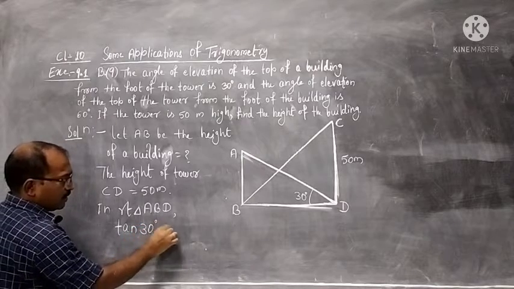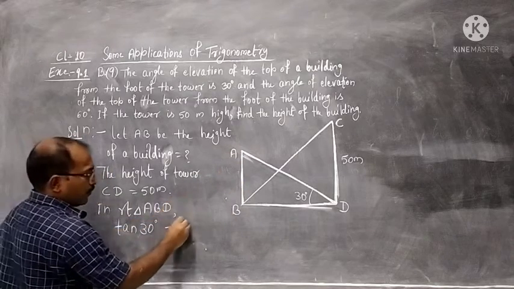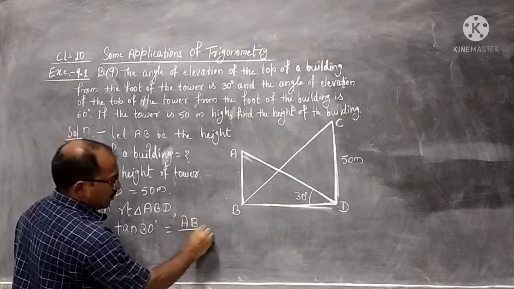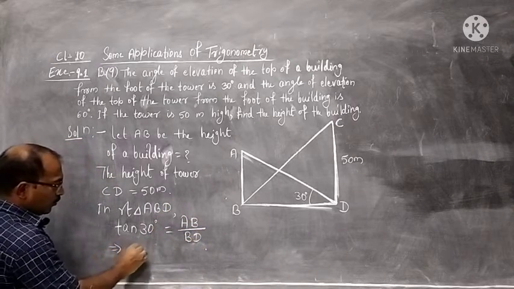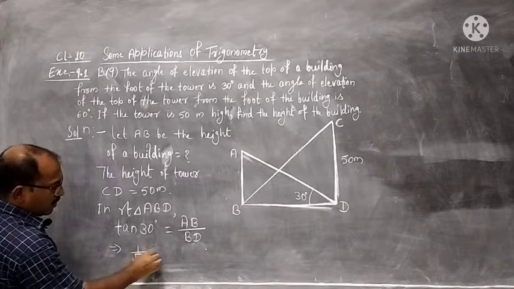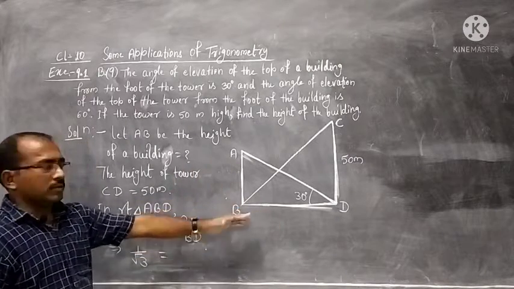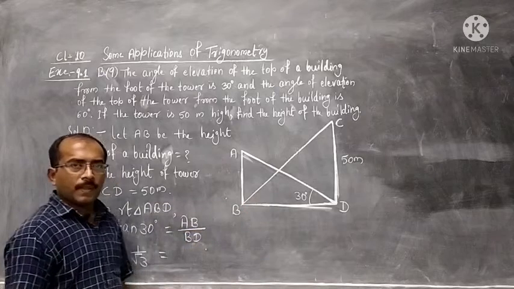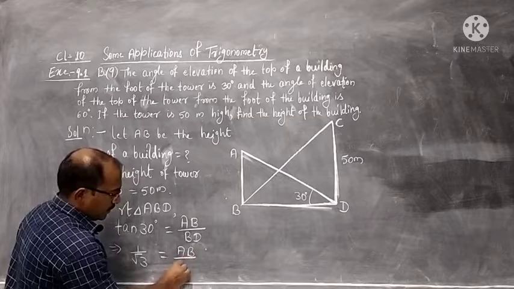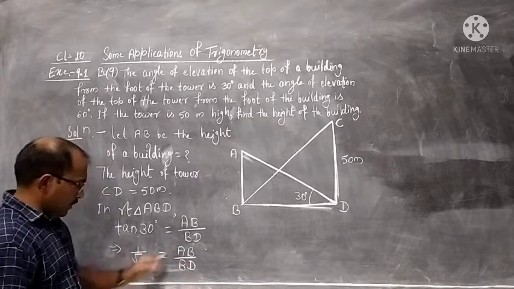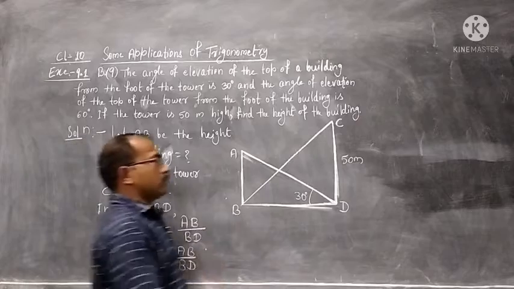So, tan 30 degree, perpendicular AB opposite to the acute angle, and base is BD. Tan 30 degree we know is 1 by root 3, and here we do not know the height of the building and this base also. So, what to do? We will just go with this AB by BD. When we simplify, we will find BD is equal to root 3 AB.